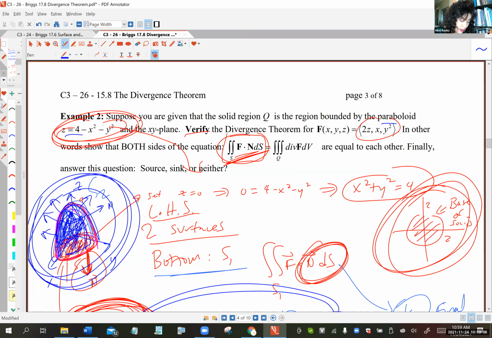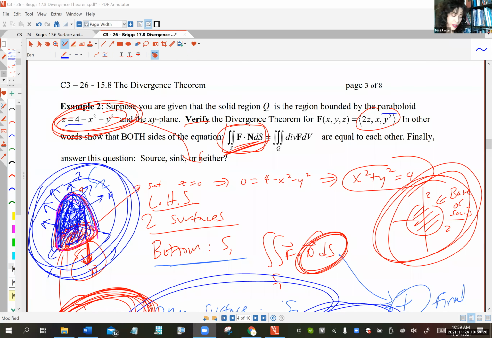It's the capping surface. So that counts as one surface. And then the bottom plate, the base plate, is your second surface. Does that help? Why you have 2 surfaces? I hope.